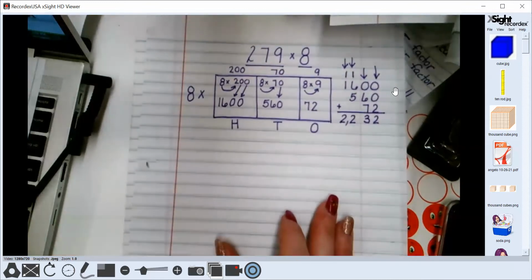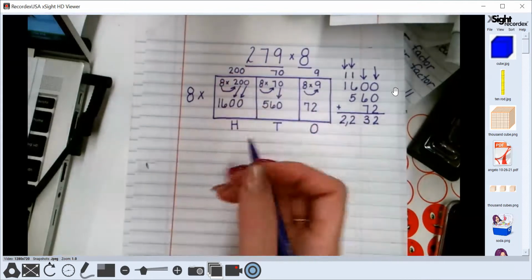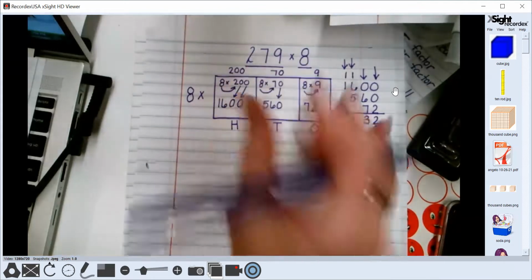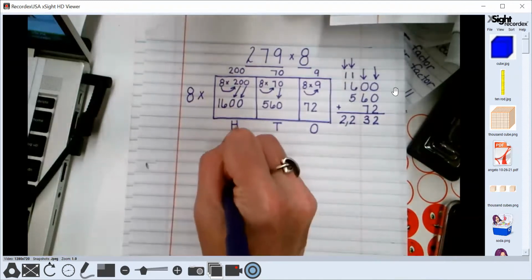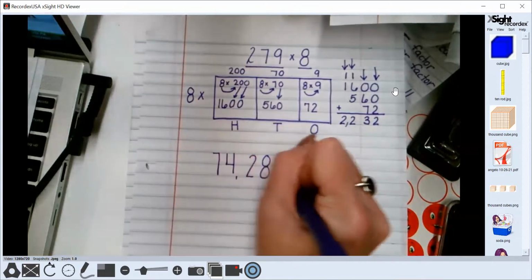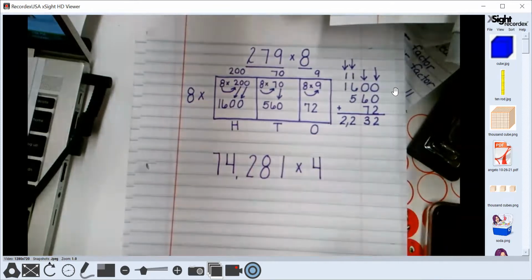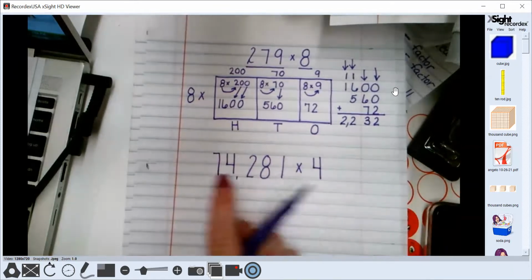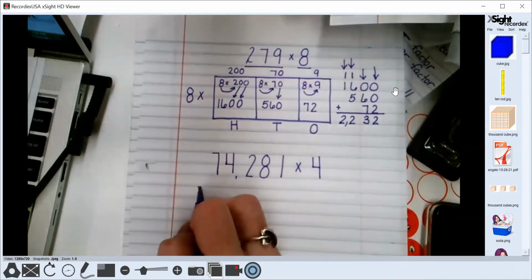Now we also do that, and you can do this with as many numbers as are in a problem or in your greatest factor. So if I have this number, let's say 74,281 times 4. All right, so this number has 5 place values. That means I'm going to break my box into 5 pieces.